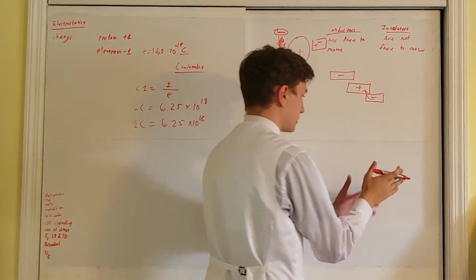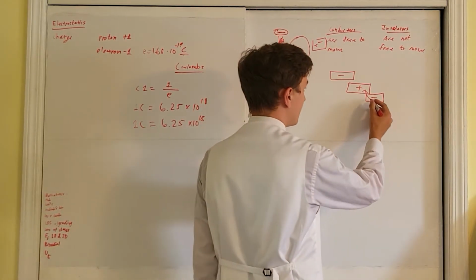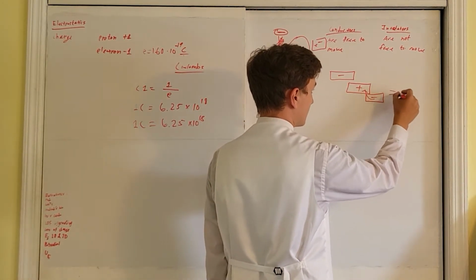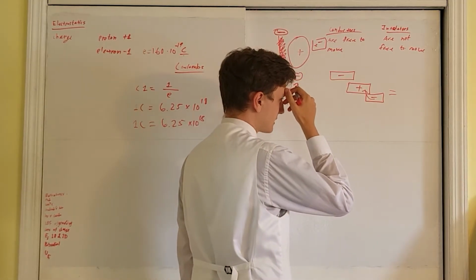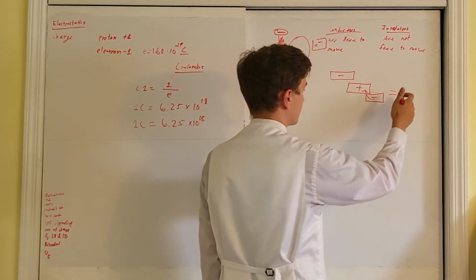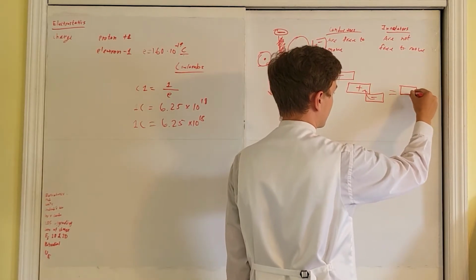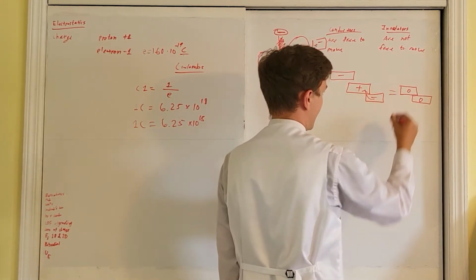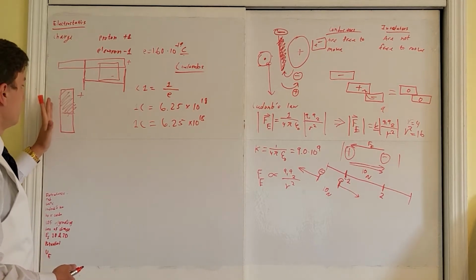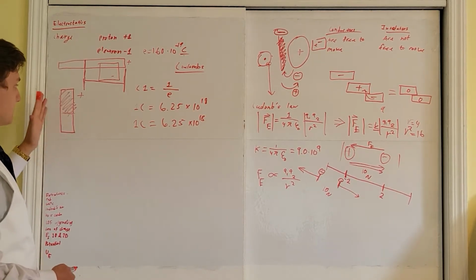Therefore, if I touch two charged conductors together, we're going to have a flow of electrons, and within a few milliseconds, or a few nanoseconds, more realistically, the two blocks will become neutral, and they will lose any charge they originally had.